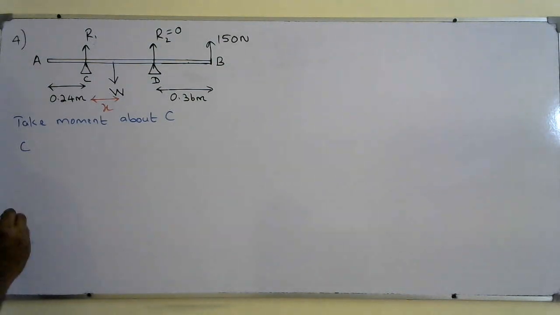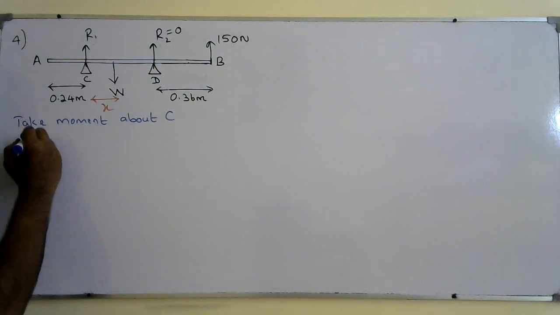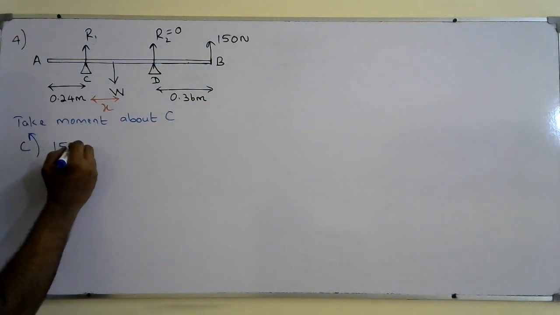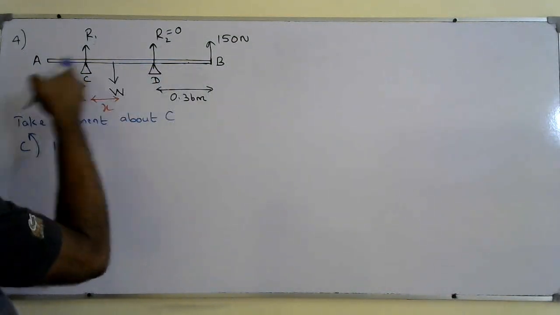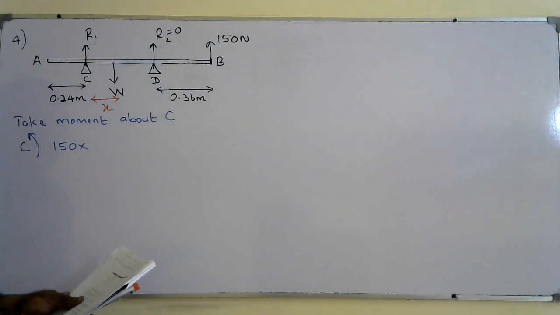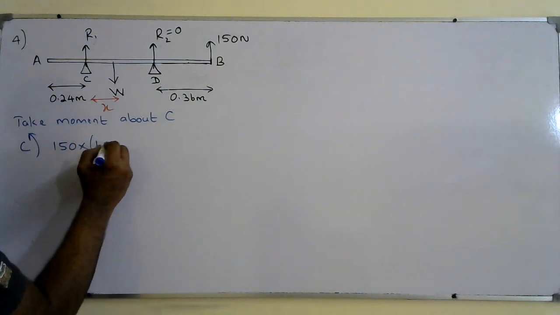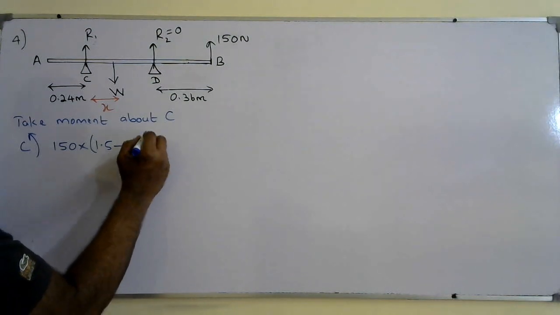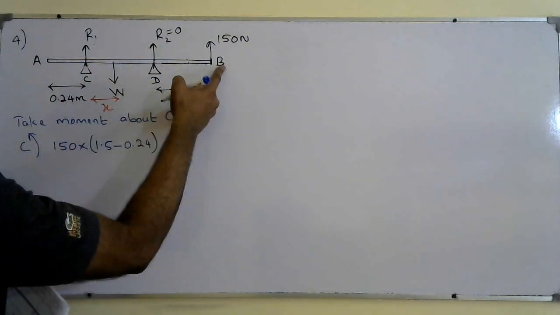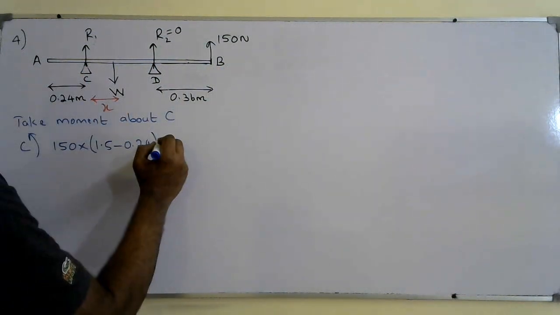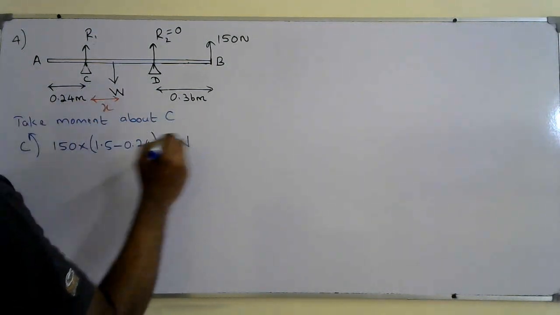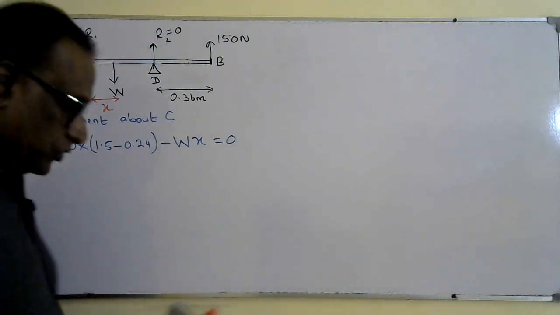Okay, so when we take moment about C, we take it in the anti-clockwise direction. If I take the 150 from C to B, the total length is 1.5, so it is 150 into 1.5 minus 0.24, minus W into the length from C, which is x, equal to 0.